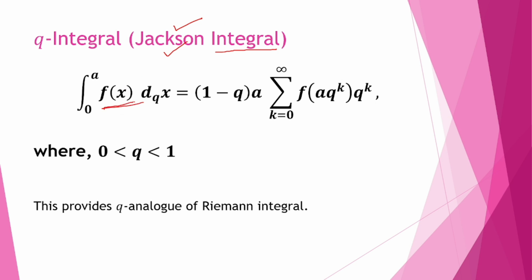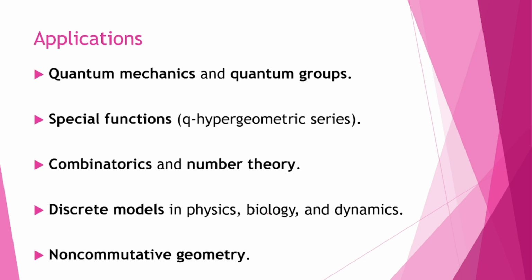Now if we have f of x as a function, then the integral of f of x with respect to the quantum differential dqx, with limits from 0 to a, will be nothing but the expression (1 minus q) into a into the summation of f of (a q to the power k) into q to the power k, where k runs from 0 to infinity, and here q lies in the open interval 0 to 1. This provides the q analog of the Riemann integral.